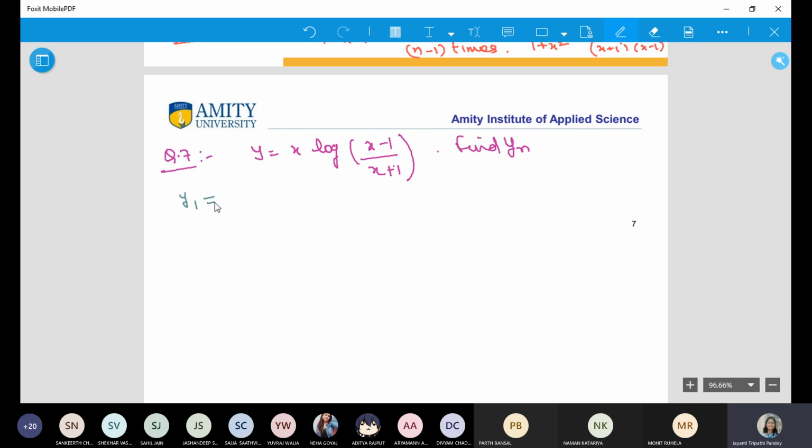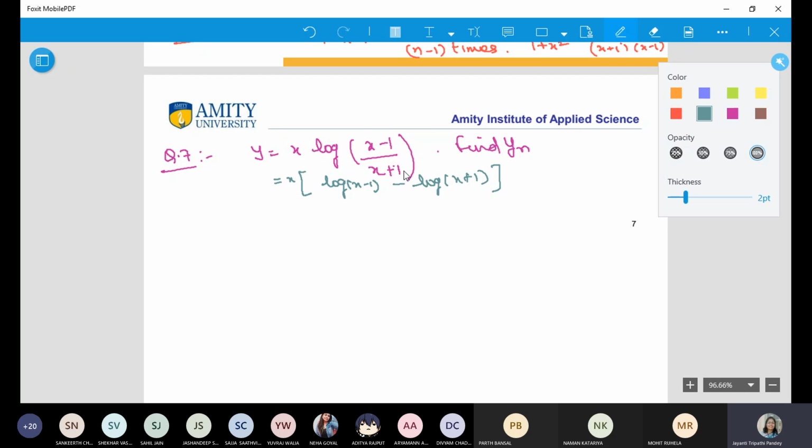If you find y1, what will it be? You can write it like this now. Yes or no? Using the log function. Yes, ma'am. I have to find y1, differentiate it term by term.